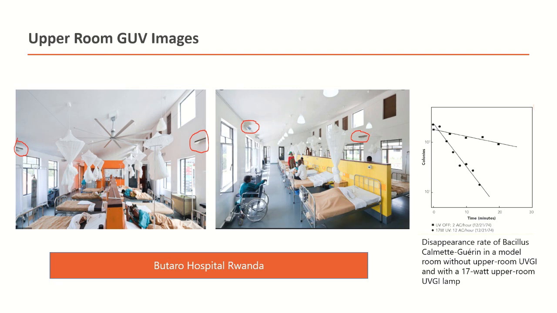This is the Butaro Hospital from Rwanda. Here you can see the luminaires that are mounted on the wall, the upper room GUV luminaires, and in the first image you can see a large industrial fan which is recirculating the air from top to bottom, or the disinfected air after disinfecting moving down.